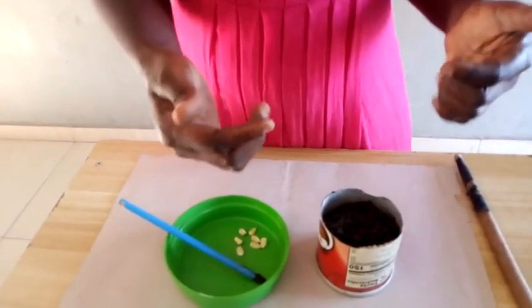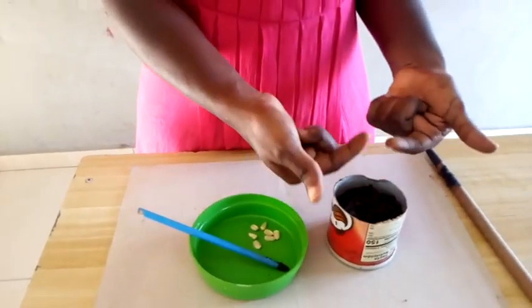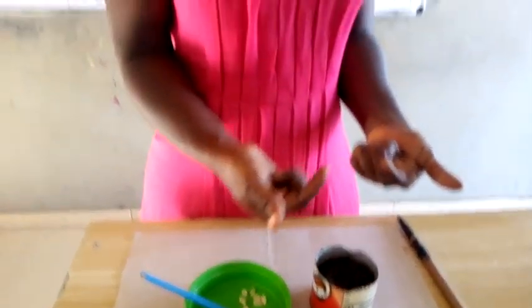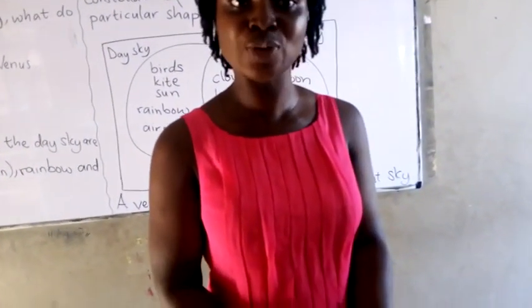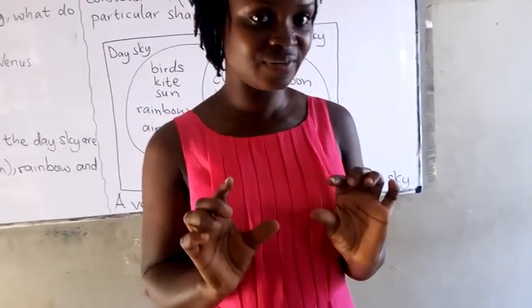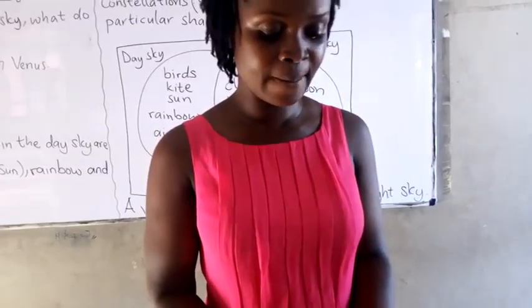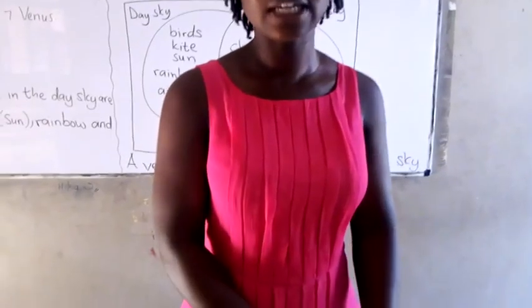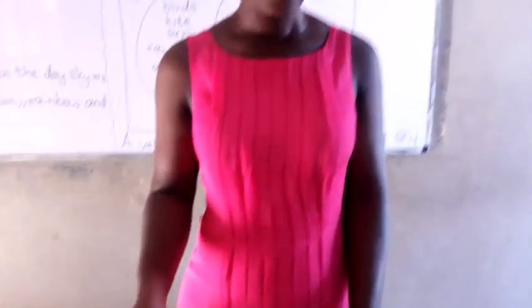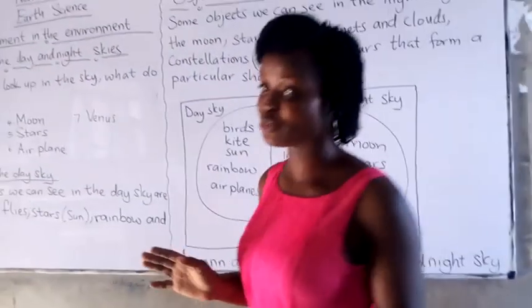We continue for 3 days, and then we will see that the shoot will start coming out. After 3 days, or in the next lesson, I'll come and show this to you. It's also your activity for today. If yours grows, you take a shot of it and send it to me. All right, now let's go to the main topic for today.